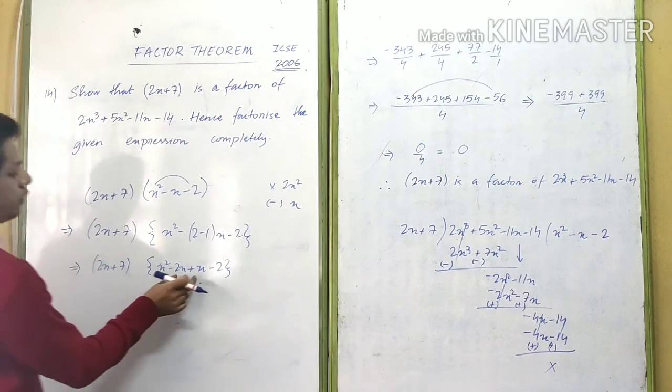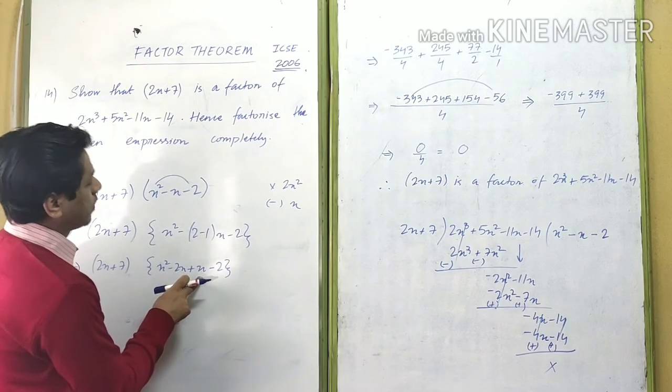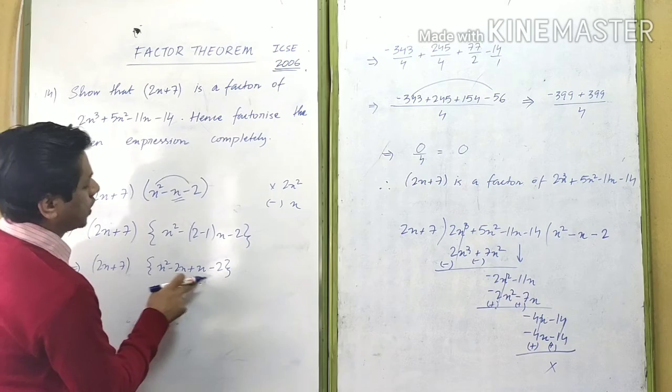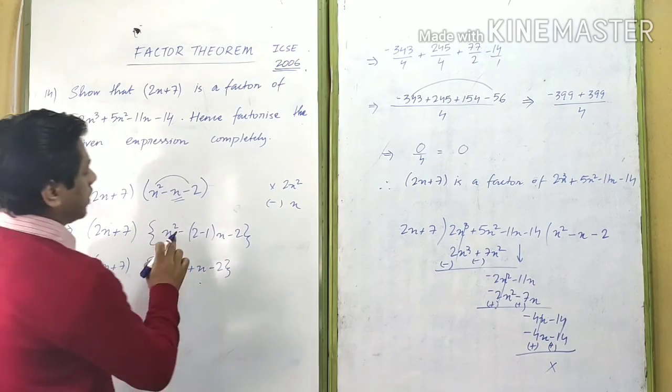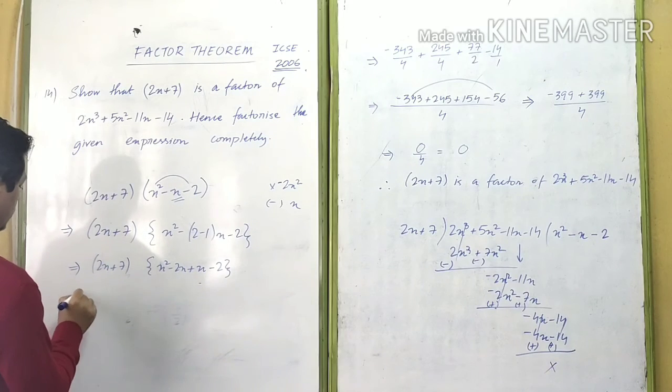So we can see that when we subtract minus 2x and x, I am going to get minus x. Okay, and when I multiply this minus 2x into x, I am going to get minus 2x square.